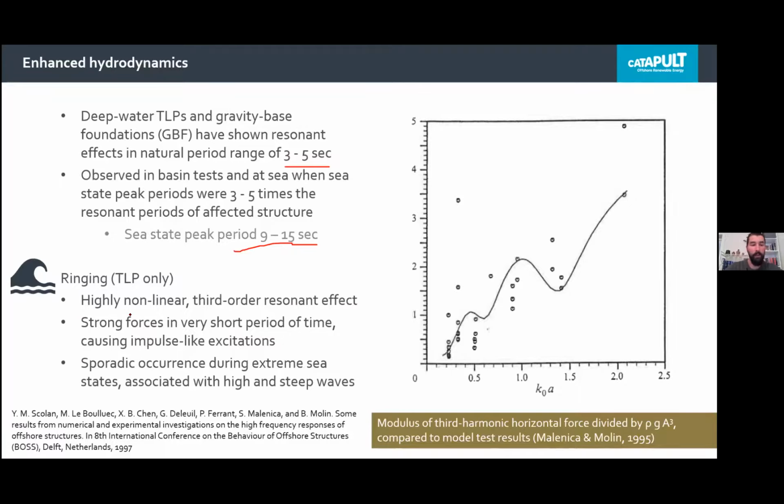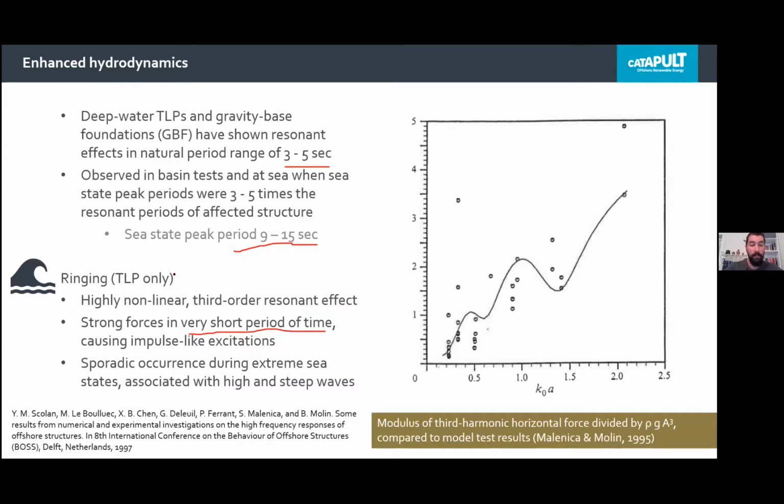Ringing is highly nonlinear, and it has been observed to be a strong force that happens in a very short period of time. In a way, it's like a hammer that from time to time, almost unexpectedly, slams onto our structure. So it can be dangerous, and it very much needs to be accounted for.